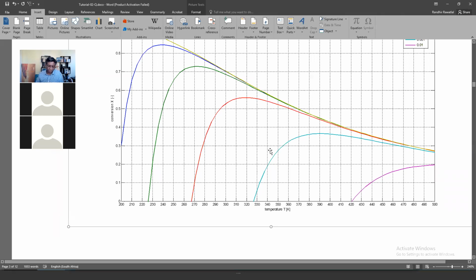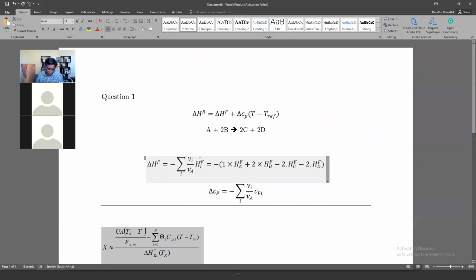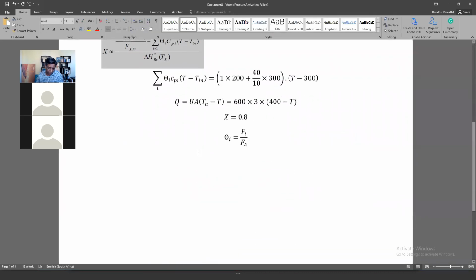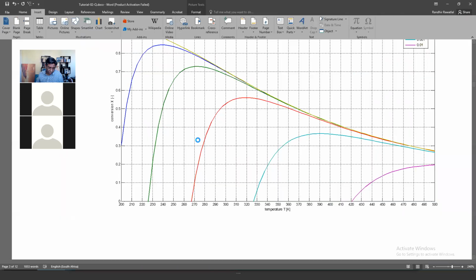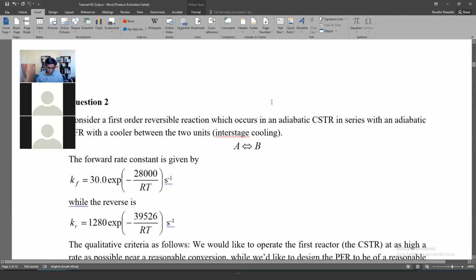Okay, let's just plot a line, and then we can talk about that a bit more. So let's take the energy balance. Where's a nice energy balance?